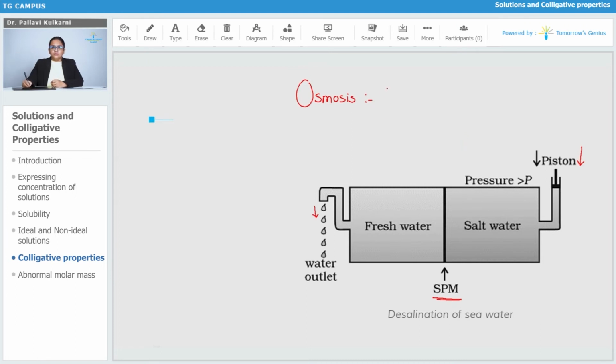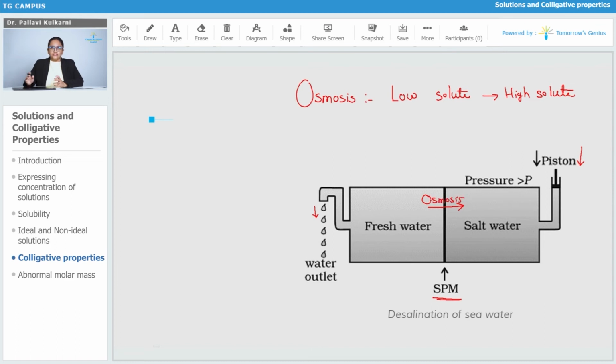In osmosis, solvent particles move from low solute concentration to high solute concentration. According to osmosis, the water should move from this to this side, right? This is the osmosis.